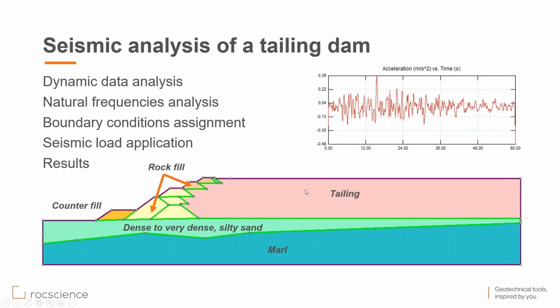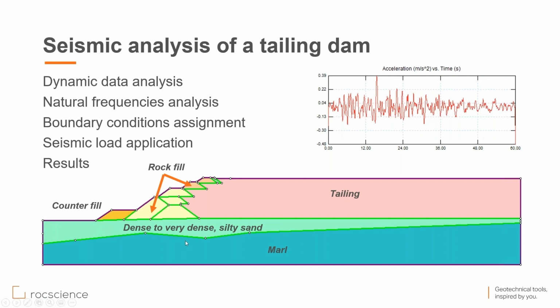We have the tailings materials right here, and rockfill here to stabilize the tailings material. And then we have dense to very dense silty sands, and we have a bedrock at the bottom. We want to analyze the response of the tailings dam under a seismic load, and we also want to see the pore water pressure generation during the seismic event.